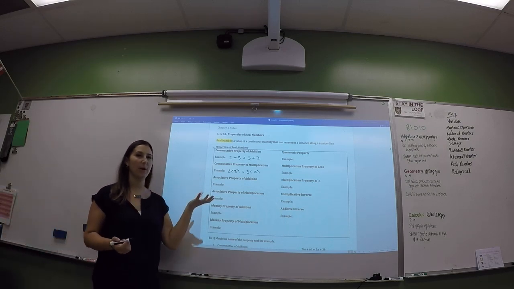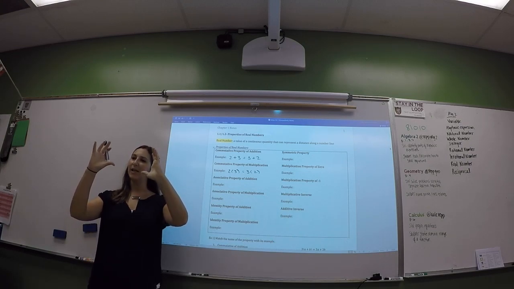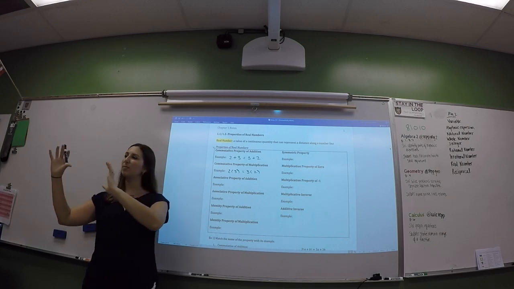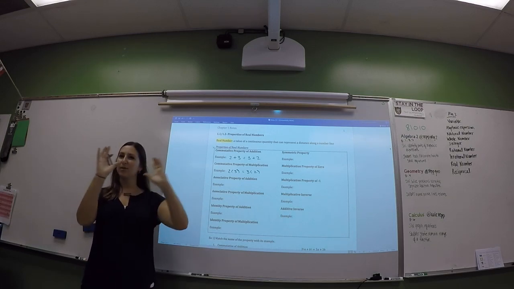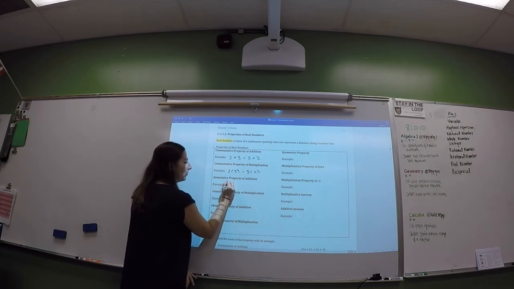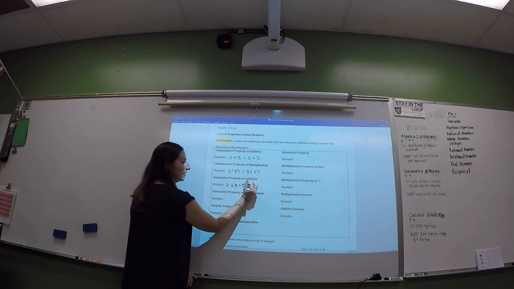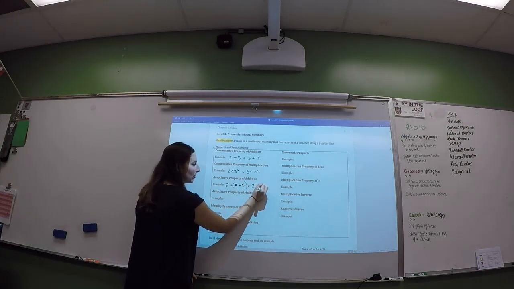The associative property says, essentially, it doesn't really matter who the numbers are associating with. We're going to get the same sum or the same product. So if I have a few numbers here, if I put parentheses here, is that the same as if I put parentheses here?